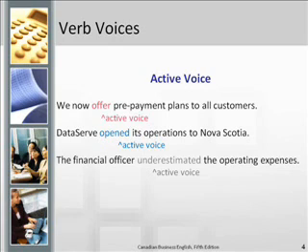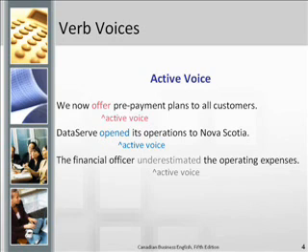The same for the second example. DataServe opened its operations to Nova Scotia. The verb is opened, the subject is DataServe, and the object is operations. So when we have a look, the subject, DataServe, is performing the action of opened. And let's have a look at the final example. The financial officer underestimated the operating expenses.